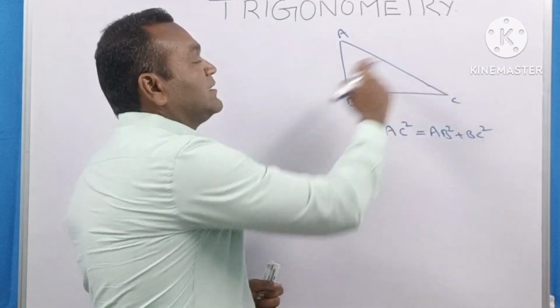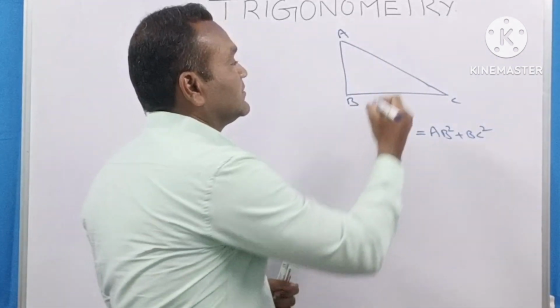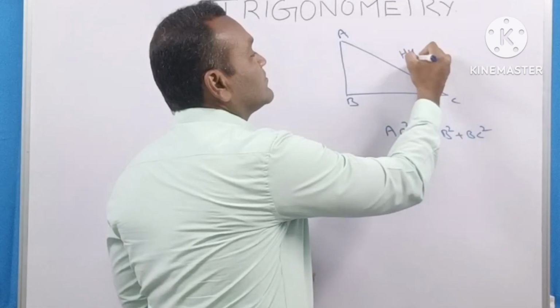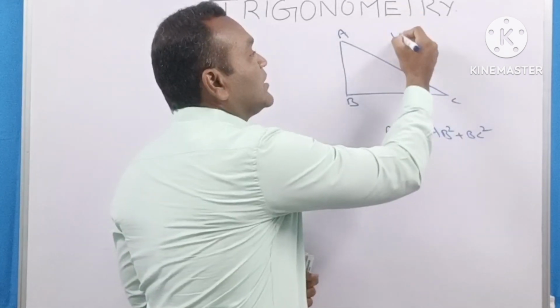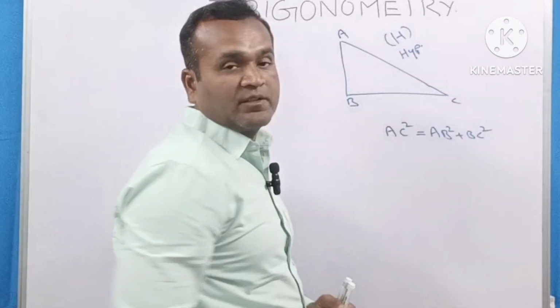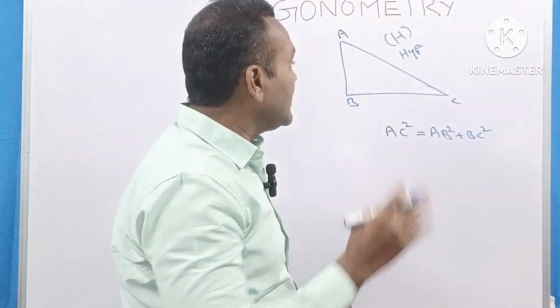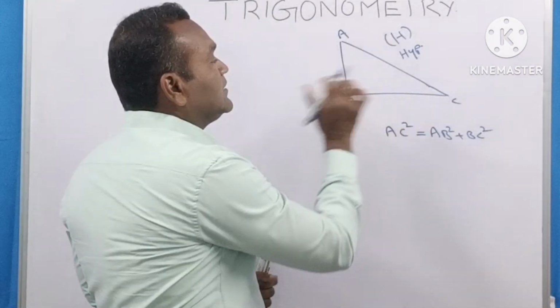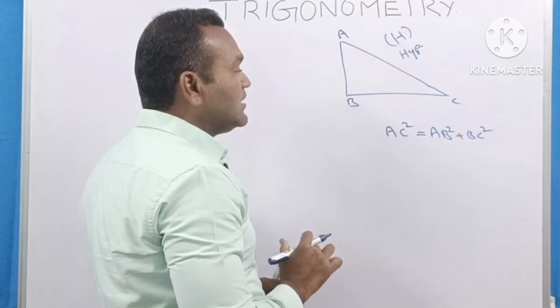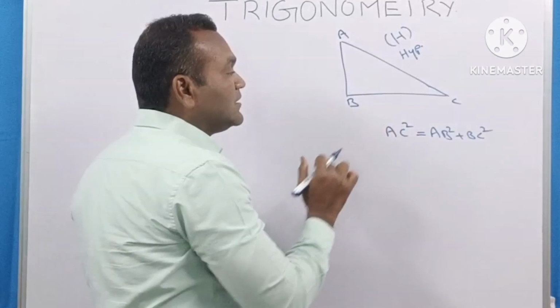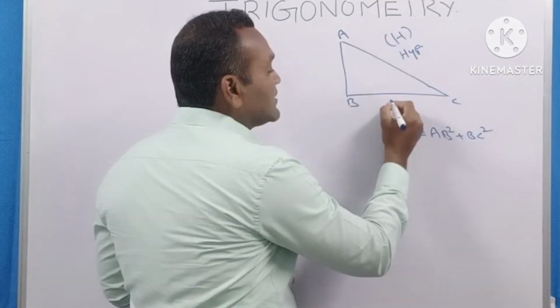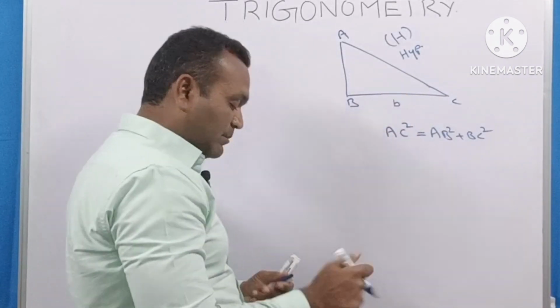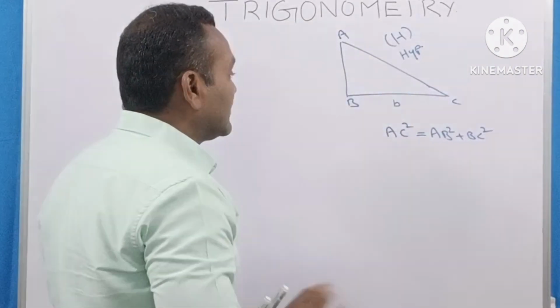This side, let us label it hypotenuse, or in short H. This is BC, which is called the base. Let us label it B. Let me label it with a different color.